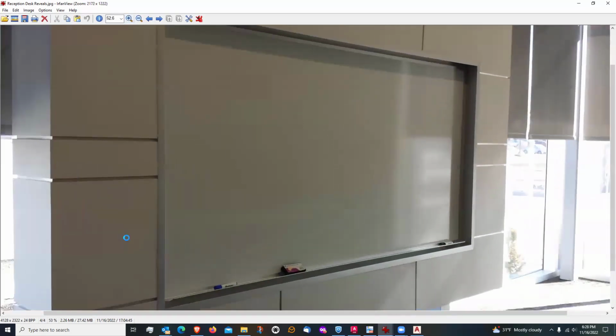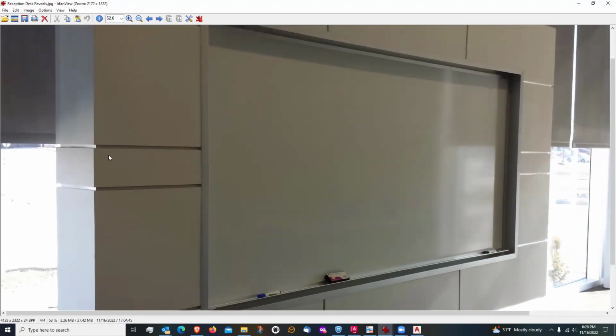Let me zoom in a little bit. A lot of times you can have a metallic back on them. That's usually what I do when I'm drawing these reveals, or sometimes a black back on them. But in essence that is what these reveals are that we're going to be drawing.